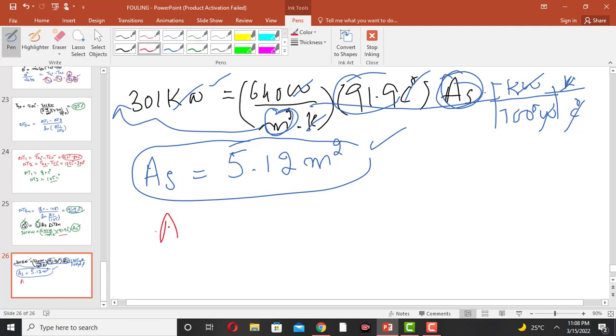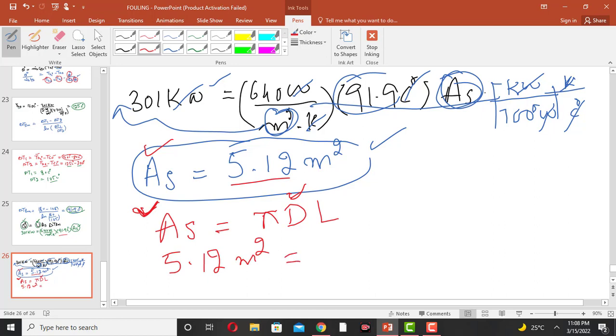Now we know that the surface area of the tube is pi into the diameter of the tube into the length of the tube. The diameter of the tube is given to us, that is 1.5 centimeter, and the surface area is 5.12 square meter, and pi is 3.14.